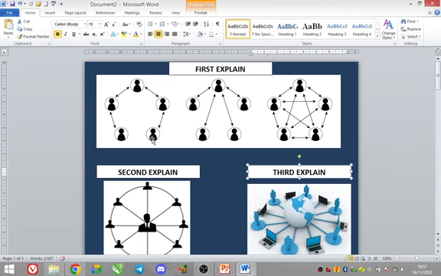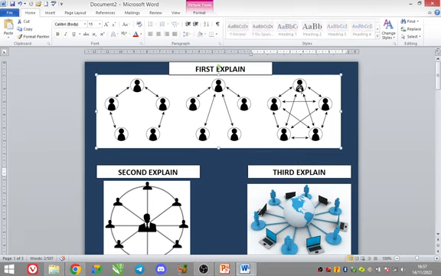Now we actually have transactions going on in the whole world. How can these transactions be recorded and the rest?